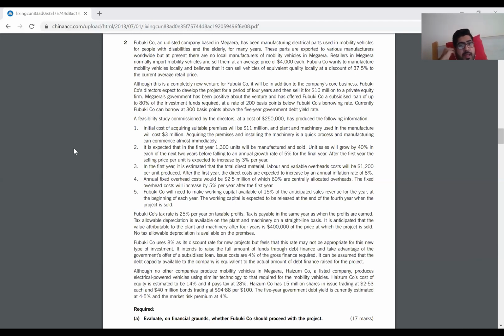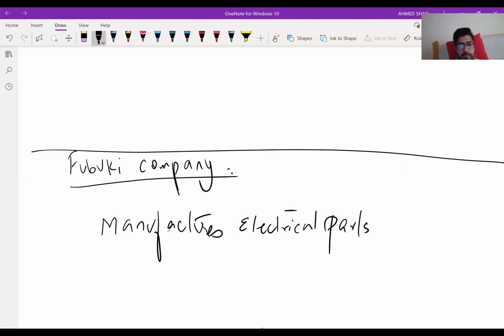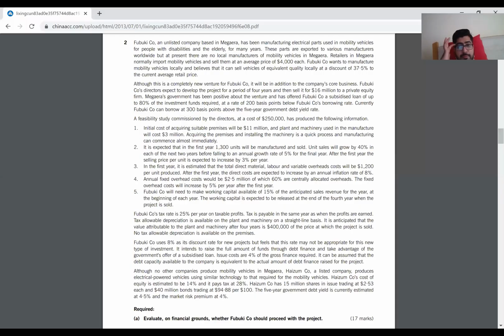So in the first paragraph, Fubuki is an unlisted company based in Megara. It has been manufacturing electrical parts, so pay attention. Fubuki is a company which manufactures electrical parts used in mobility vehicles for people with disabilities and elderly.